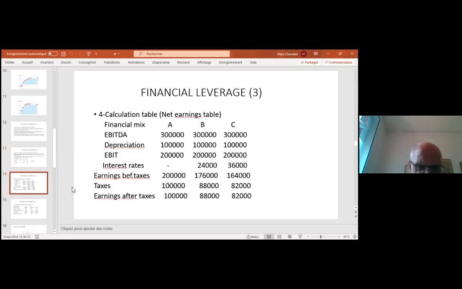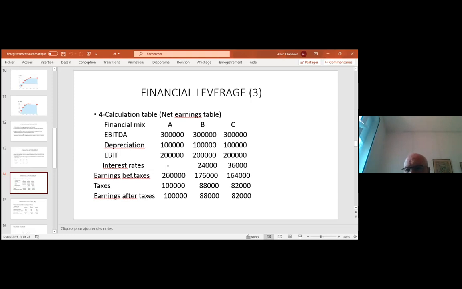And with this data, you get this line: interest 0, 24,000, 36,000. You make the difference between the EBIT and the interest, and you get the earnings before taxes, 200,000 in the first case. It means there is no interest, there is no debt, and in this simplified calculation table, you find earnings before taxes equal to the EBIT.